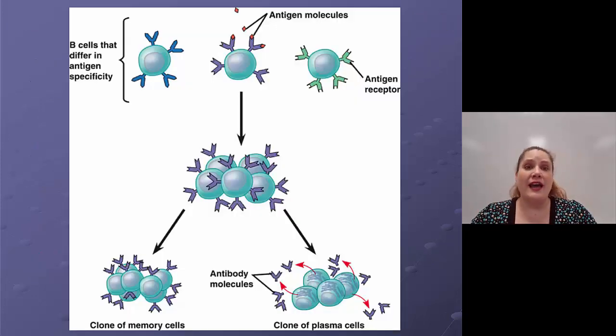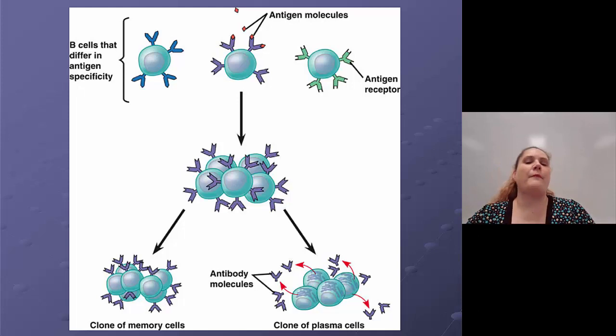Okay, so again, here we have B cells, and the B cells are all different. When the antigen binds, the antigen molecules can come in and bind. So in this case, the little red molecules are only able to bind with that middle B cell.